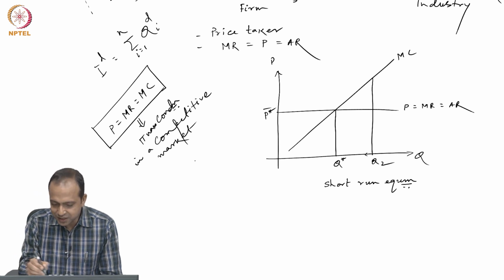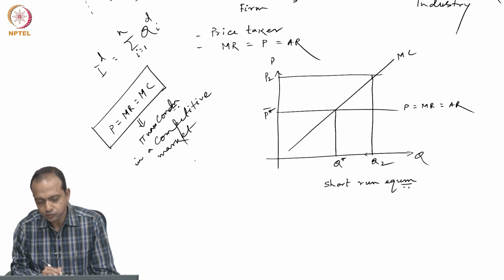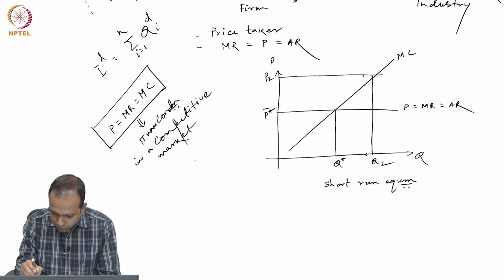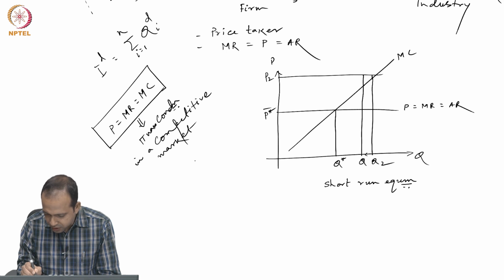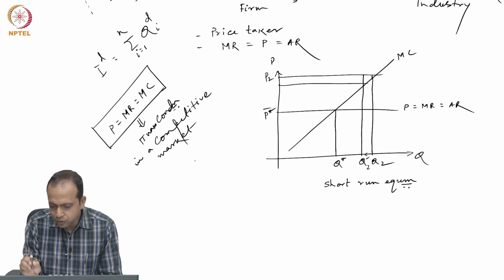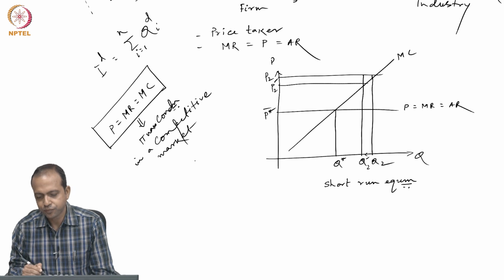Okay. So, let us say this is some P2. If you reduce Q2 to, let us say, Q2 prime, then this is your P2 prime.